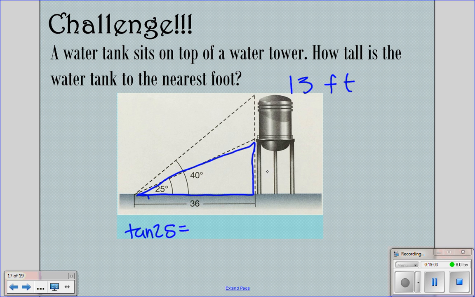The height here, I'm going to label as x, and then over 36. And so if you multiply by 36, you're going to get 36 tangent of 25.